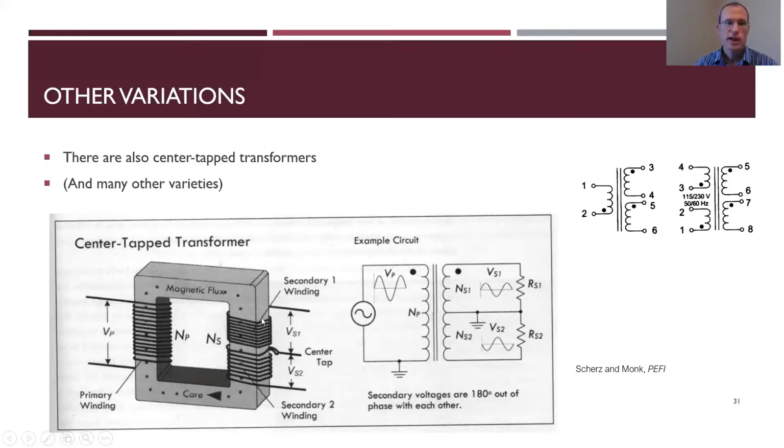However many windings I have in VS1 compared to VP tells me what that voltage is. And the same thing independently for VS2. An interesting thing about this is that my secondary voltages are 180 degrees out of phase with each other. There are many other varieties, but that's the most common one. There are also ones where you have all sorts of different taps going on.